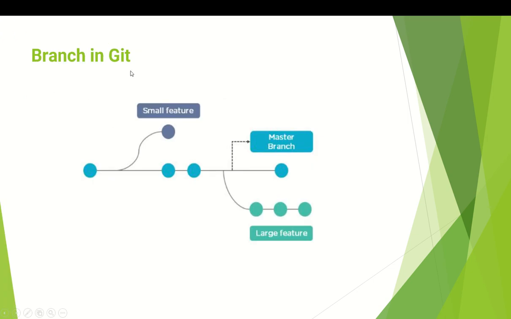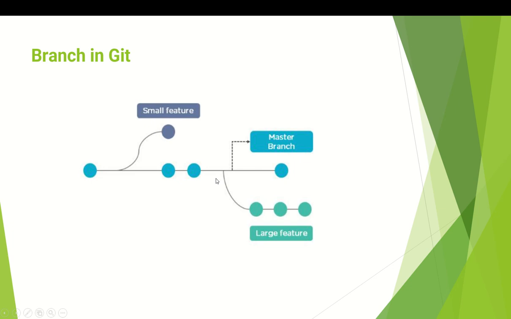Next is a branch in Git. A branch in Git is used to keep your changes until they are ready. You can do your work on a branch while the main branch remains stable, and after you are done with your work, you can merge it with the main branch.